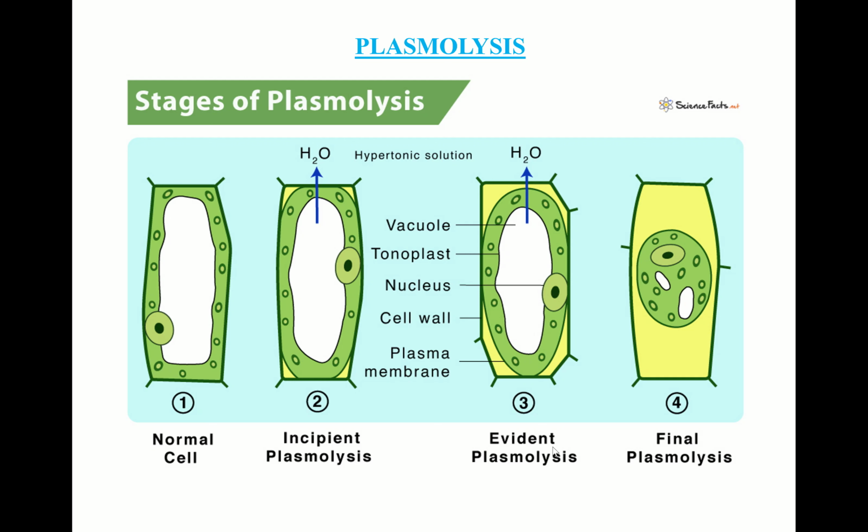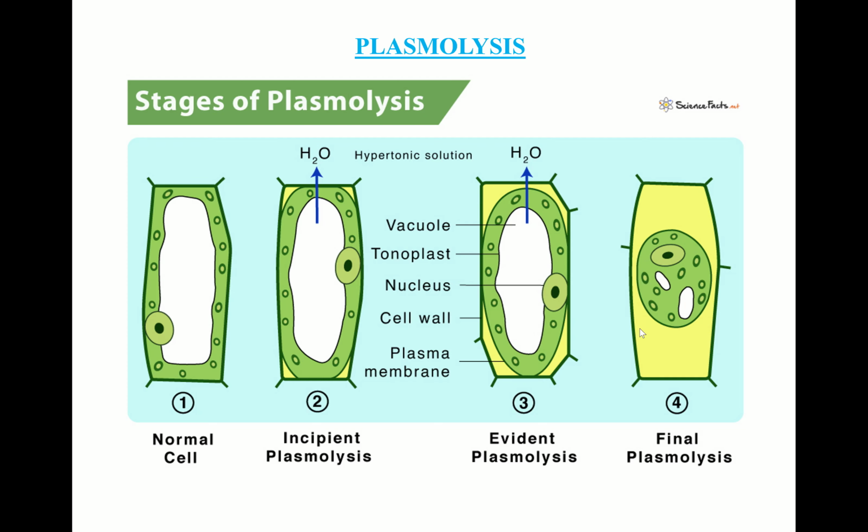Whereas in case of evident plasmolysis, you can clearly make out that the cell membrane has shrunken, and more water is going out of the cell, and this is the final stage of plasmolysis.